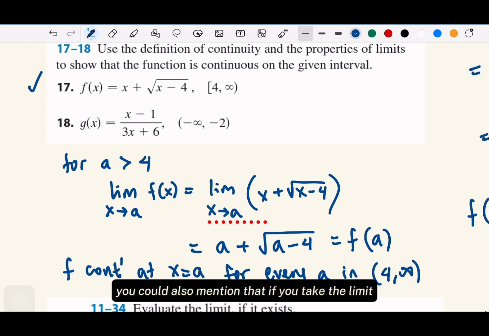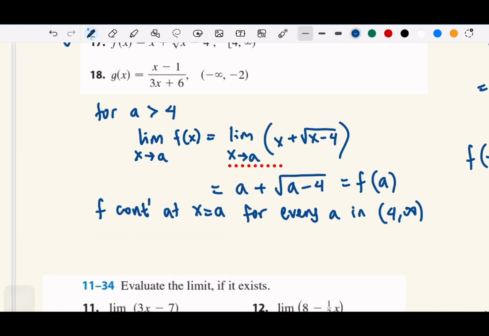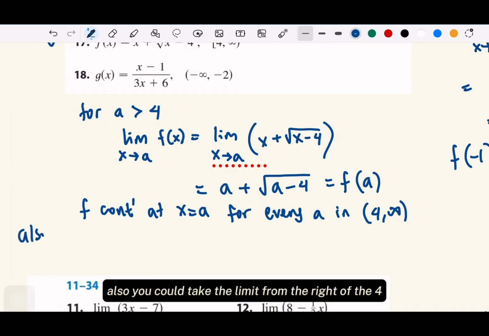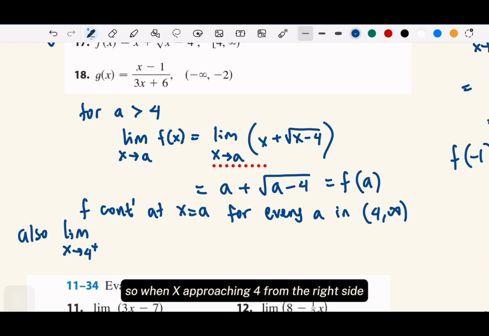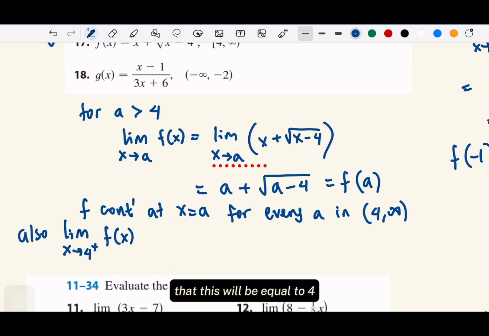You could also mention that you could take the limit from the right of the 4. So when x approaches 4 from the right side, this will be equal to 4, which is equal to f of 4.